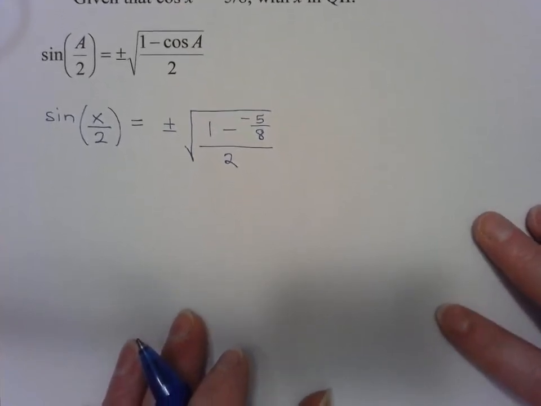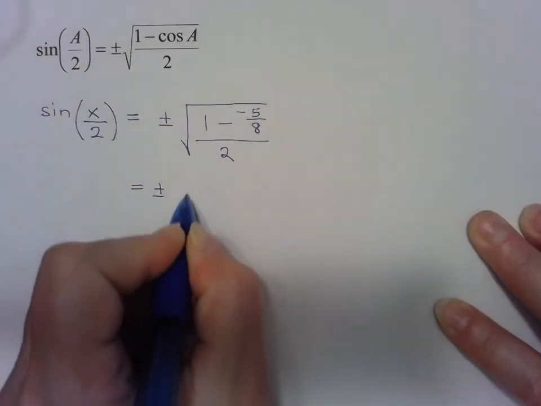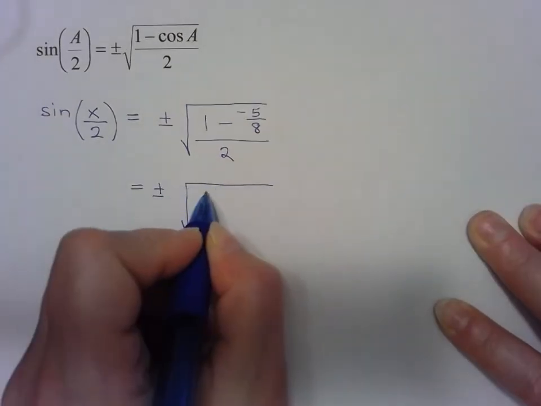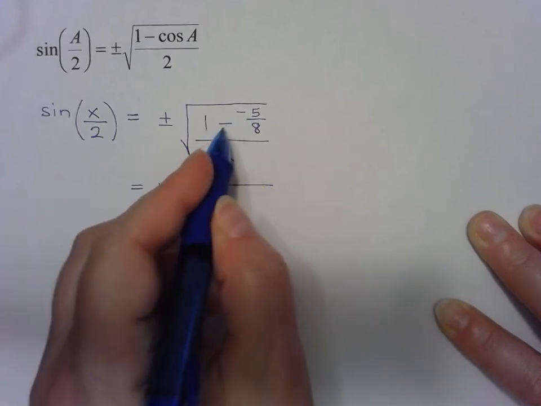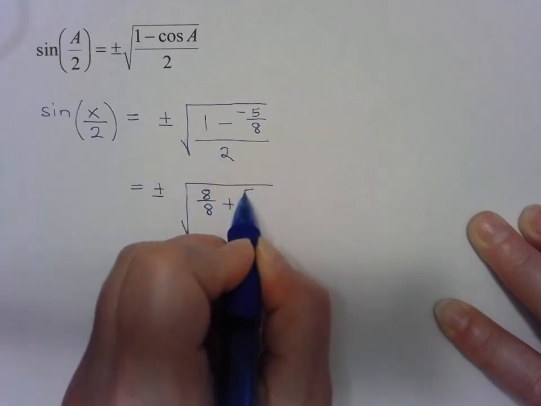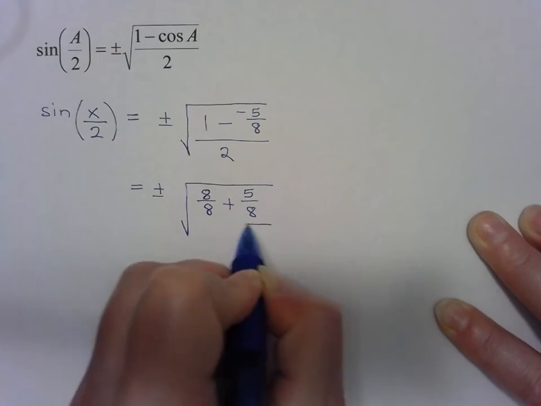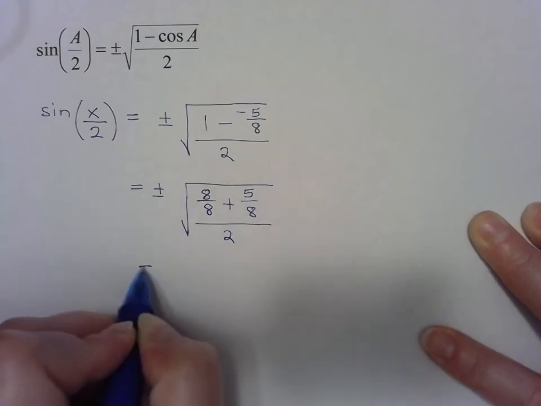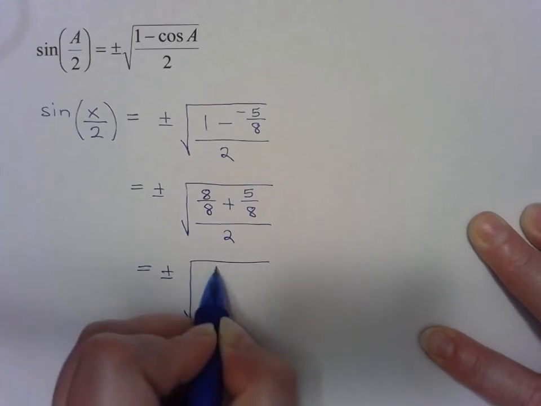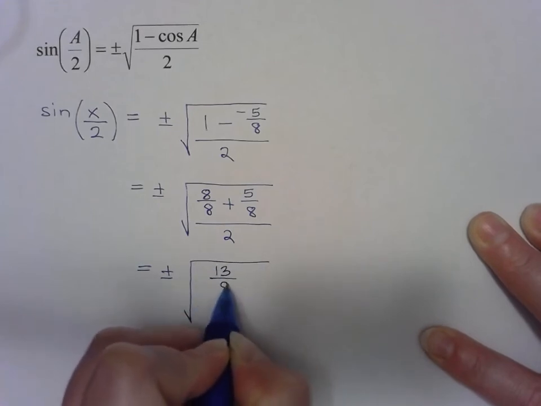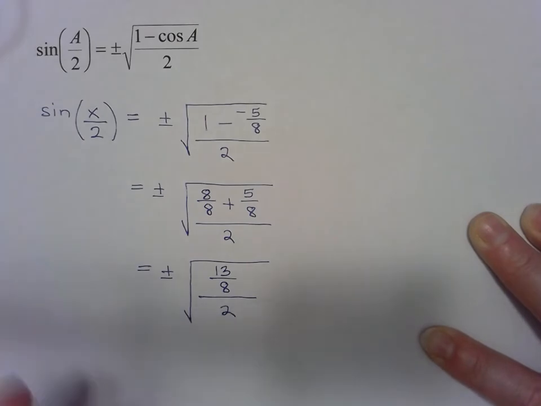So this will be plus or minus the square root. Let's make this 8 over 8. We can do that. These two negatives will make a plus. So this is 13 over 8 divided by 2.